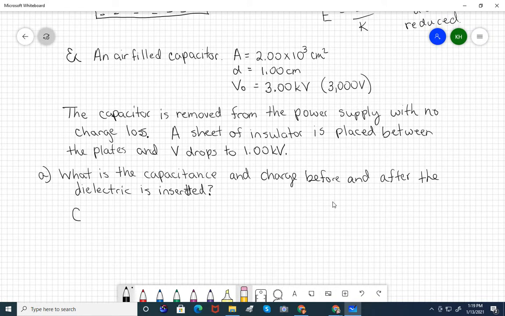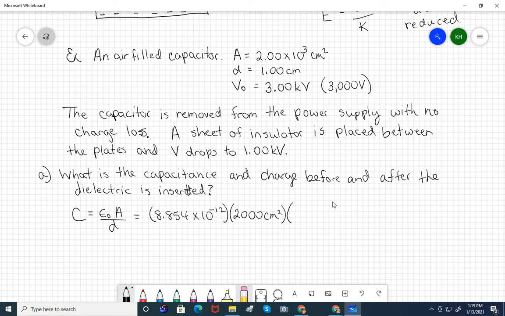The capacitance could be found using epsilon naught A over D. So I have 8.854 times 10 to the negative 12. The area is given in square centimeters. It's 2,000 square centimeters, and I need it in square meters.